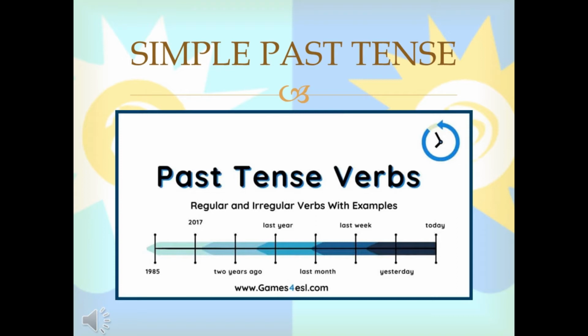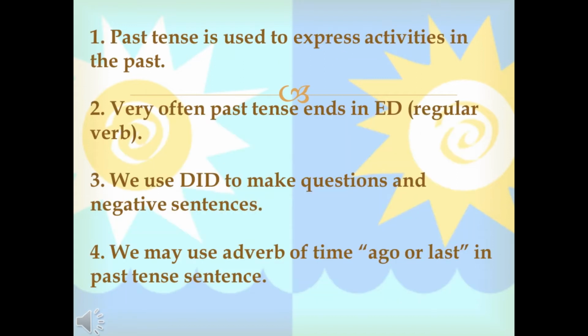Now, we go to the next topic, which is simple past tense. If you want to know how to use it and some examples, please pay attention and let's check it out. There are 4 explanations about simple past tense. Number 1.